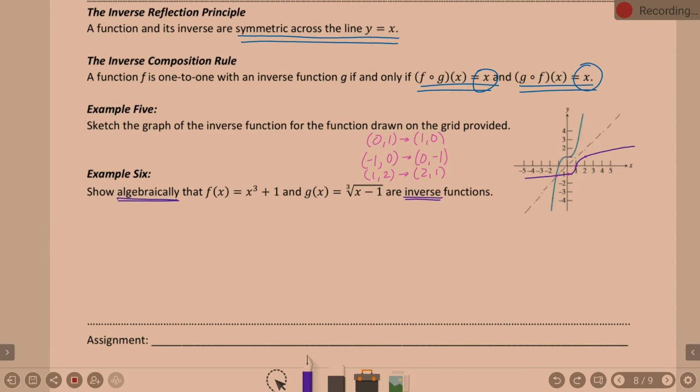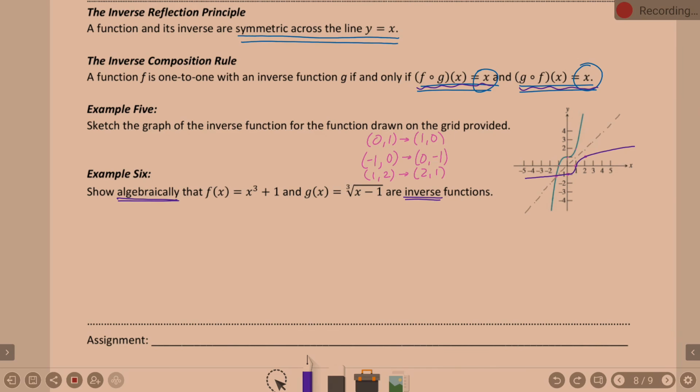Now, algebraically, how do we show this? If these are truly inverses, f composed with g of x will equal x, and g composed with f of x will equal x.